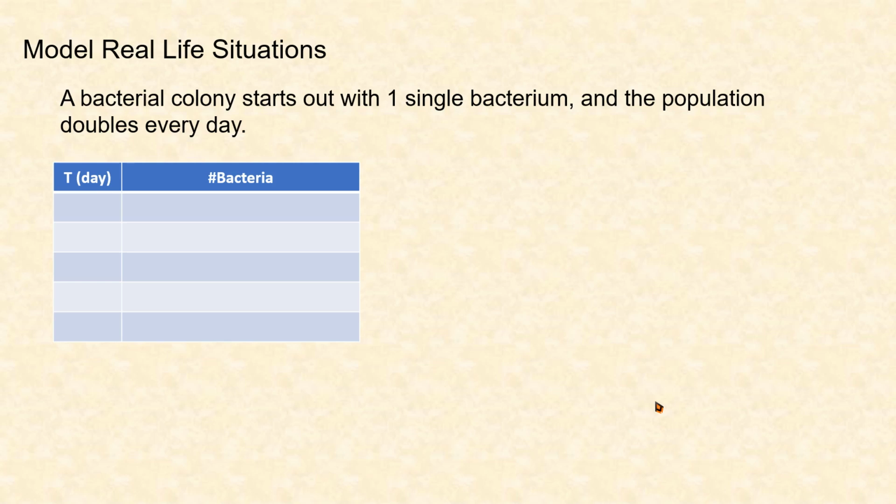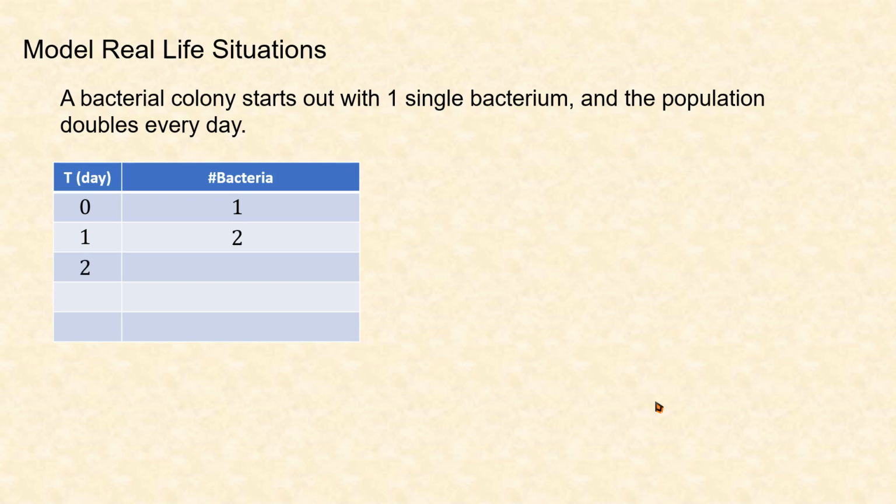The left side is t, which represents time, which is basically how many days have passed. On the right side, I've got the number of bacteria. So I start out with 0, right? Because at the beginning, no time has passed yet. So on day 0, I've got 1 bacterium. Now, after 1 day, it doubles, so it becomes 2.